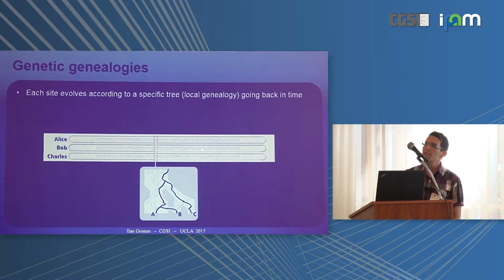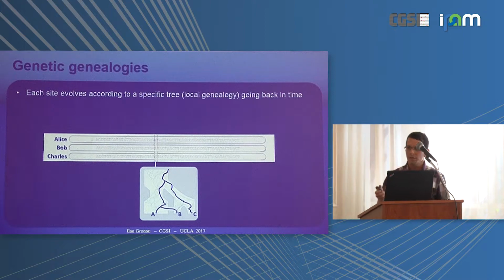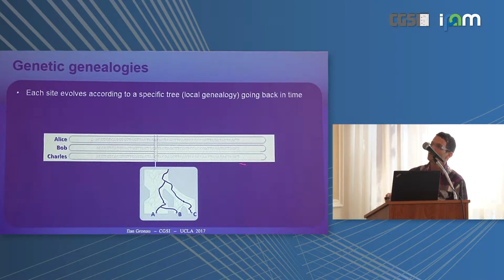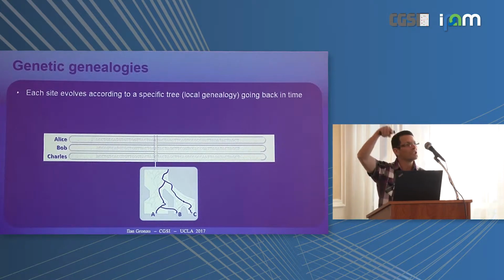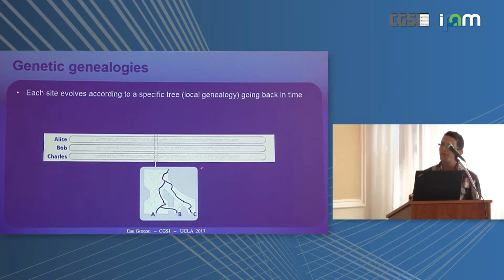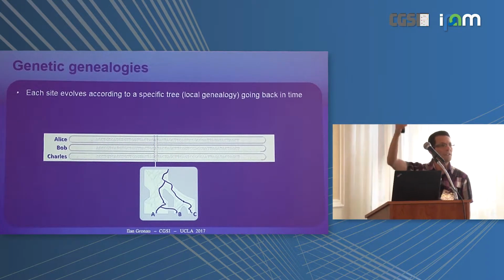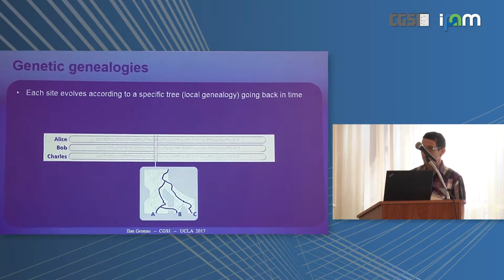Say we focus on a certain site in their genome alignment. Every site along the genome, you can think about the parts of the genealogy that relate to that site. These are the paths, the lineages going back in time, where that site has been inherited from a common ancestor.